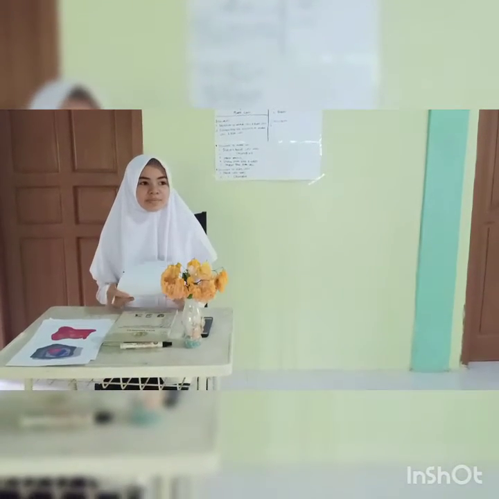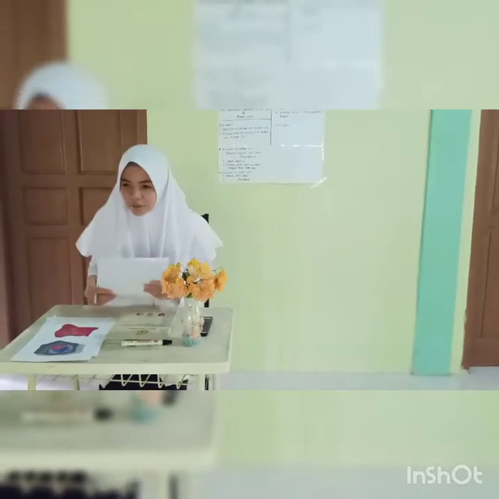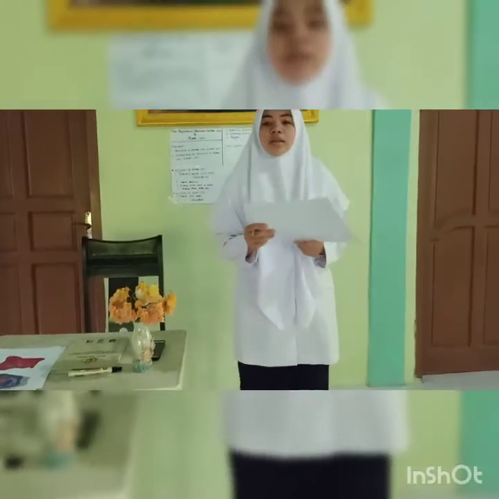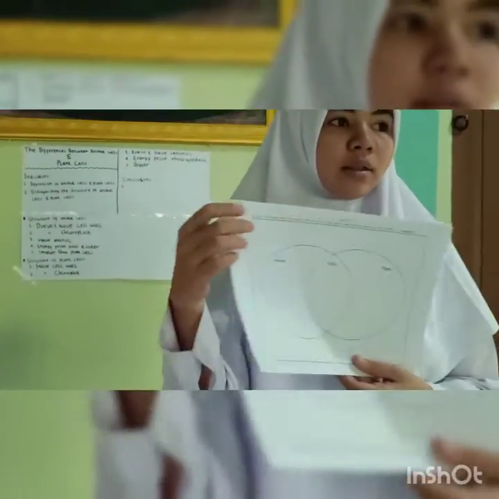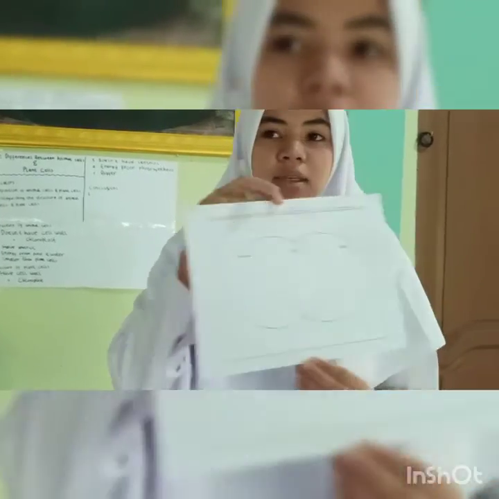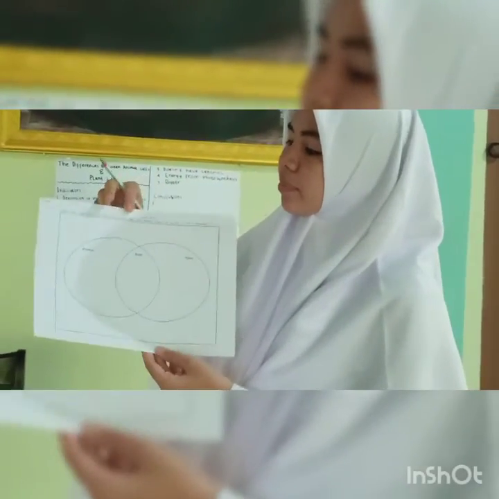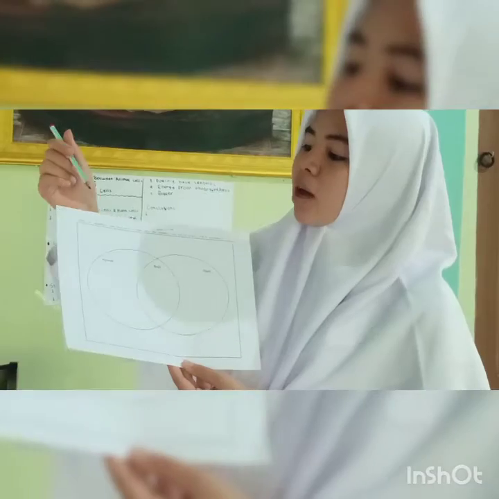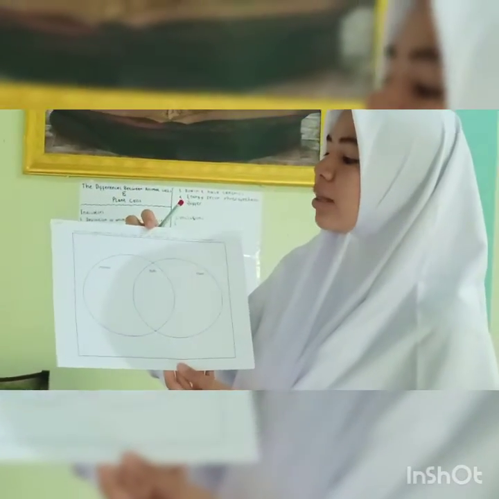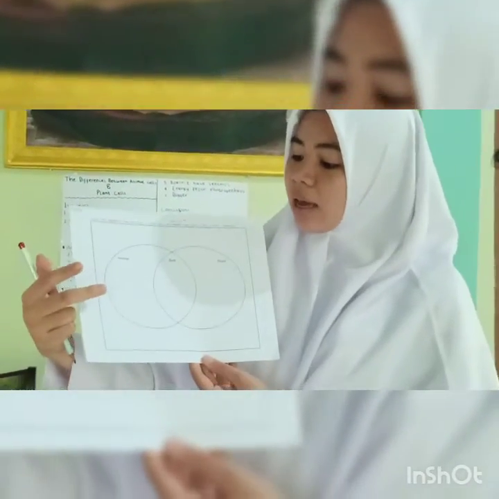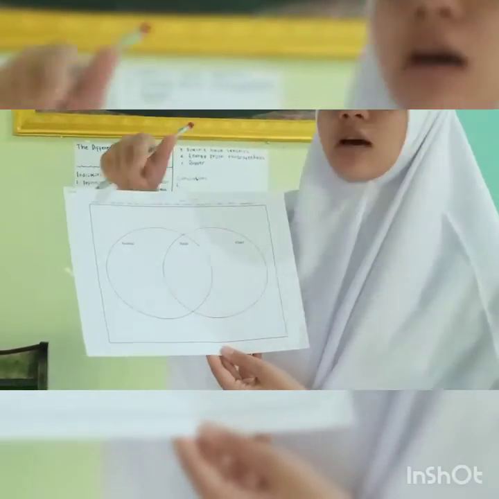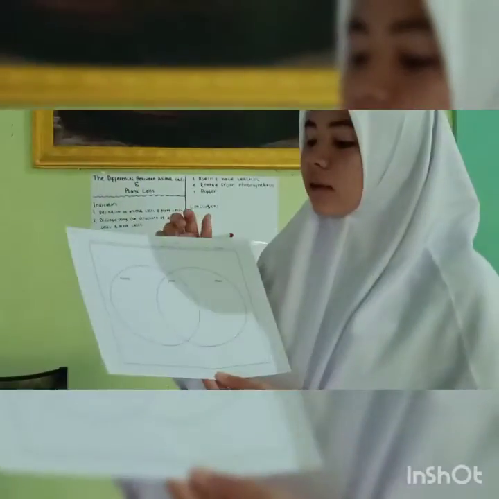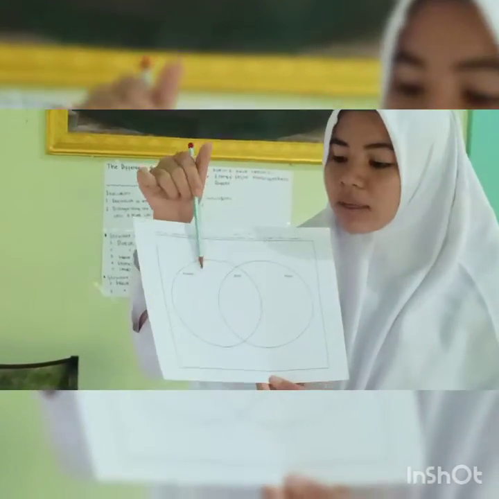You finish? And now I will give you the second worksheet or the second exercise. Please see here all. Yeah, you see this? This is the worksheet. Write the organelles that only exist in plant cells, and organelles that only exist in animal cells, and the organelle structures that exist in both animal cells and plant cells.